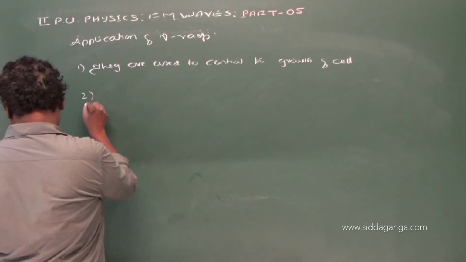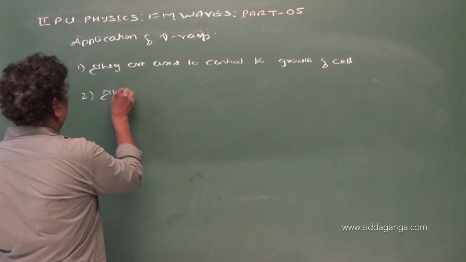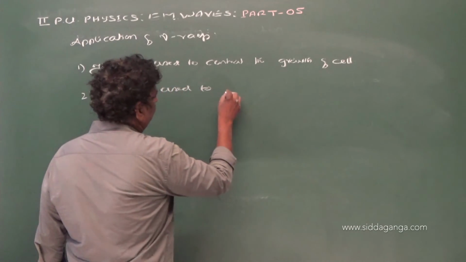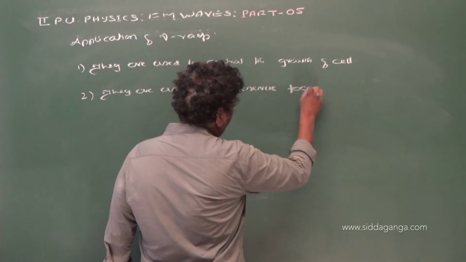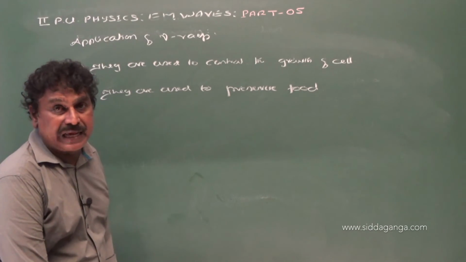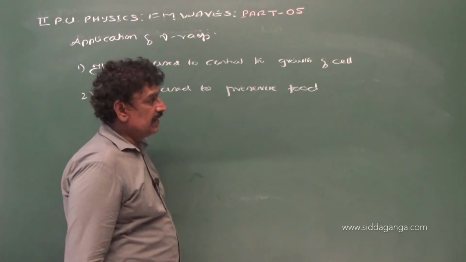Number two, they are used to preserve food. So, to preserve food for a long time, they are exposed to gamma radiation.